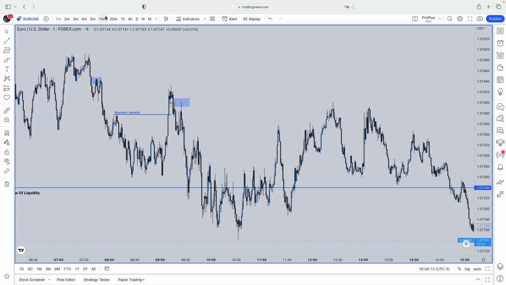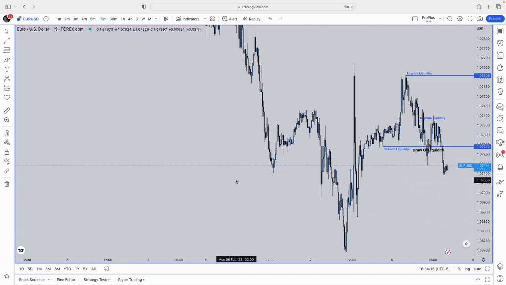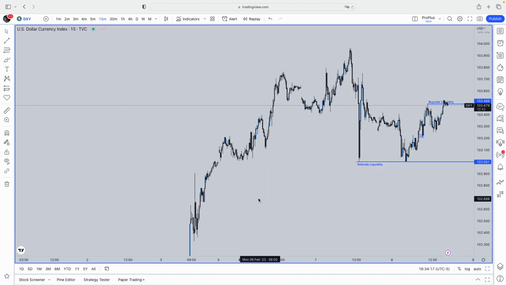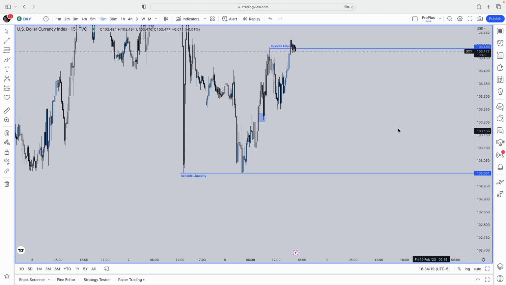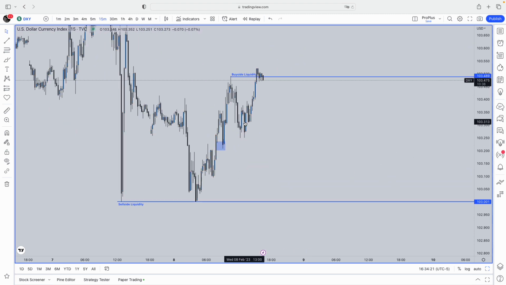If we take a look at the dollar, so say it was around about here, I think it is. Where is it? Actually, it must have been around about here. So it was here actually.